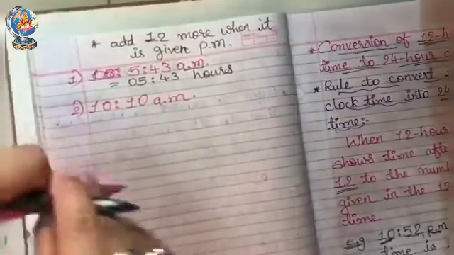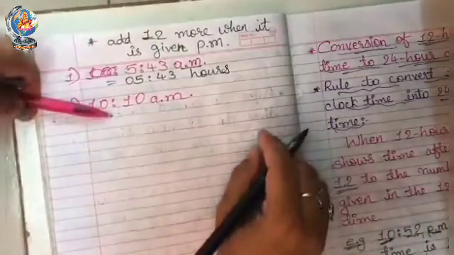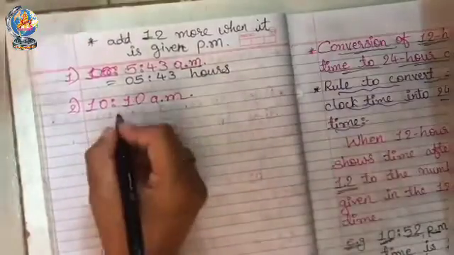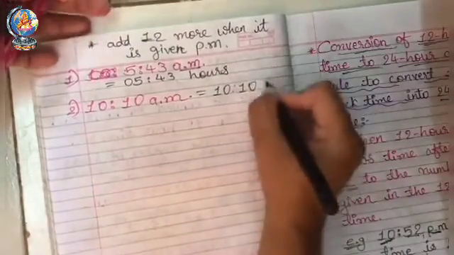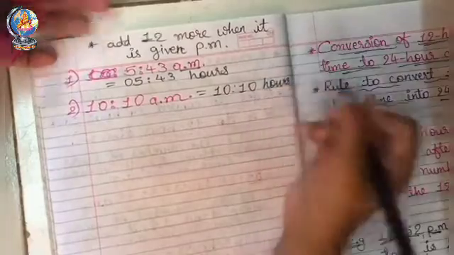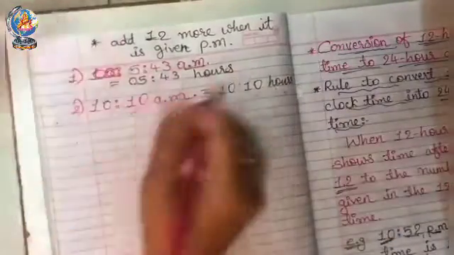Again AM. Should I do plus or not? No. Why? It is equal to 10 hours. Okay. Second question done. Next, the third one.